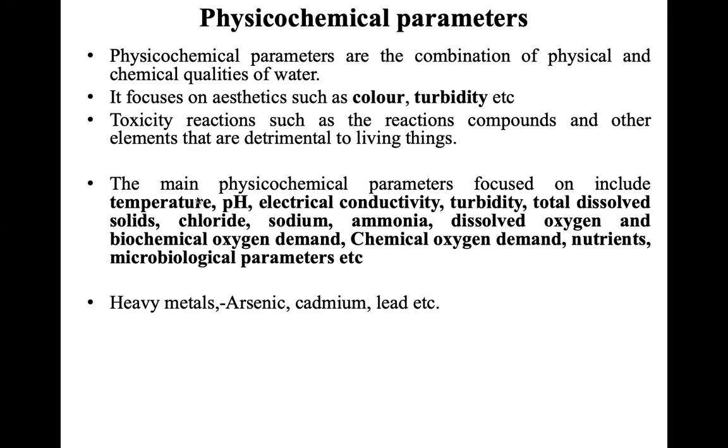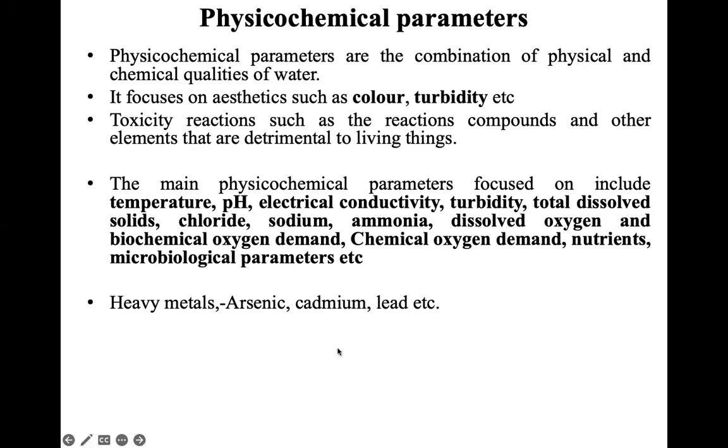So we'll be interested in looking at the temperature, pH, electrical conductivity, stability, total dissolved solids, chloride, sodium, ammonium, and dissolved oxygen. We will also be interested to know the biochemical oxygen demand, the chemical oxygen demand, the nutrients, and other microbial parameters.